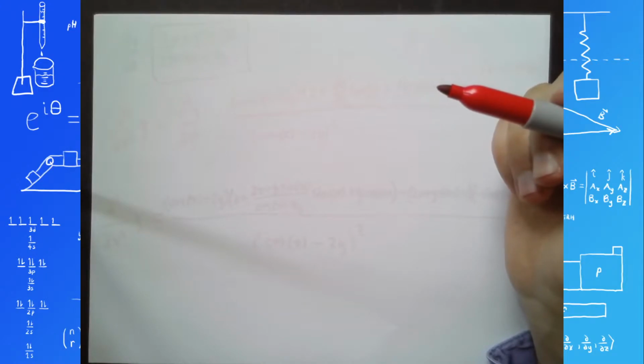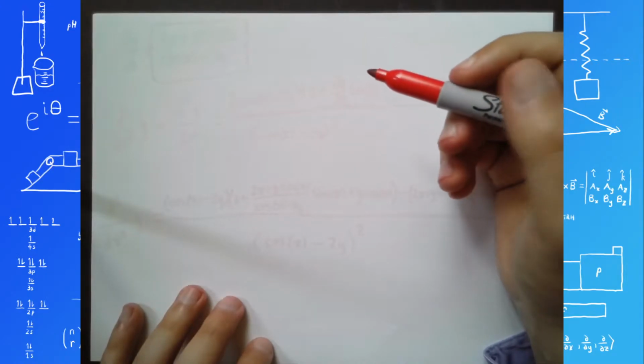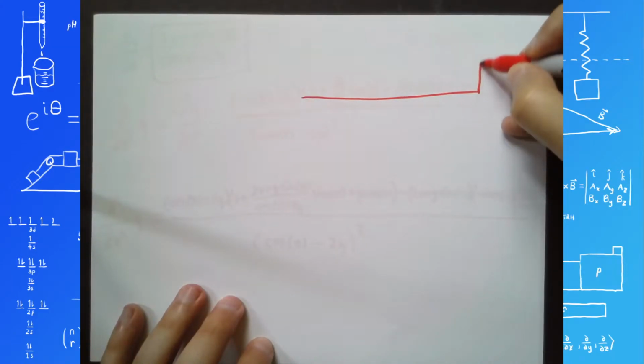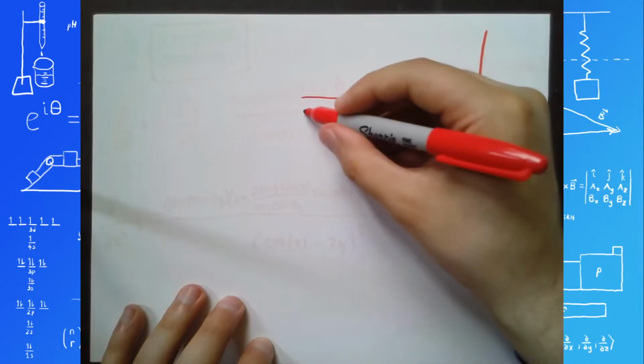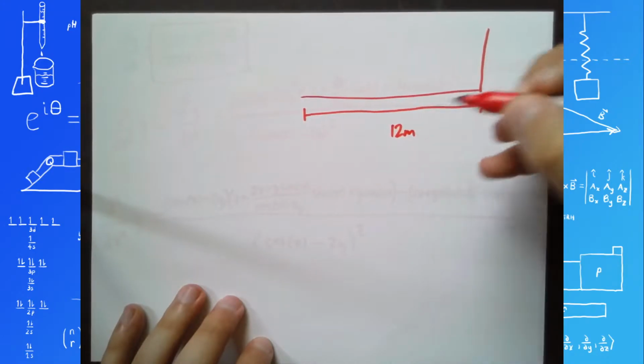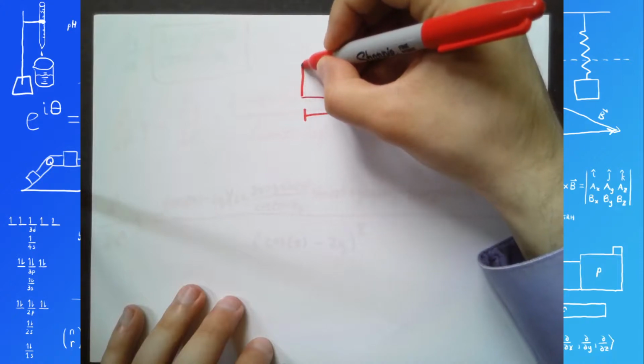A spotlight on the ground shines on a wall 12 meters away. So there's our wall. There's 12 meters. And we've got a spotlight here.